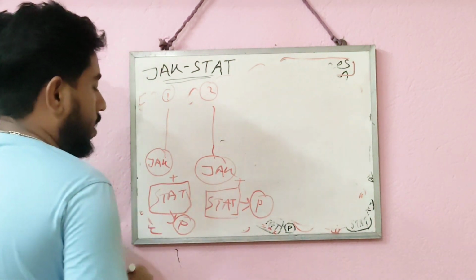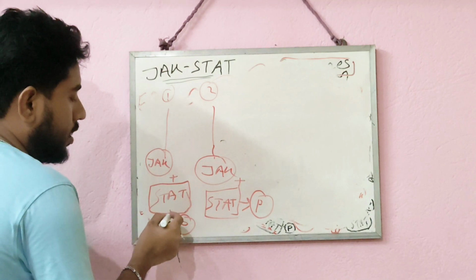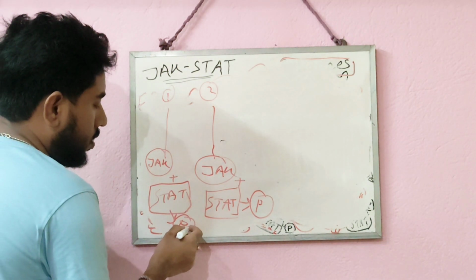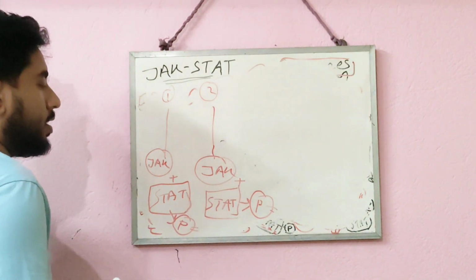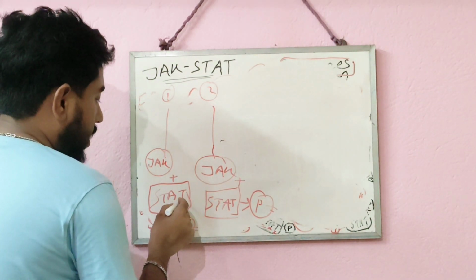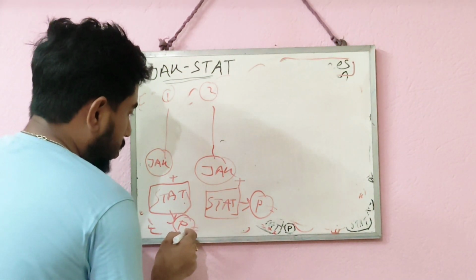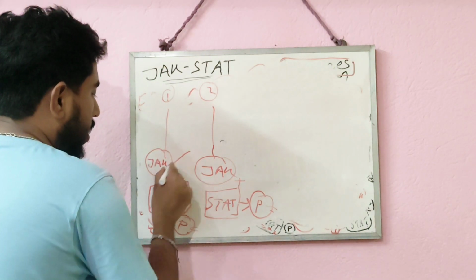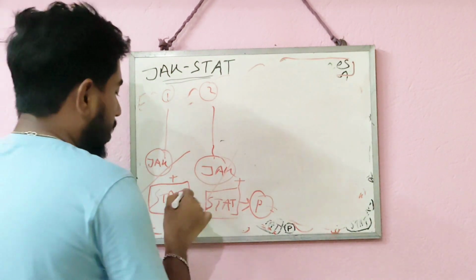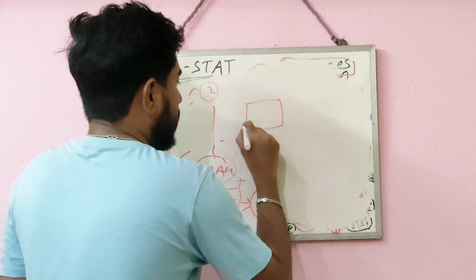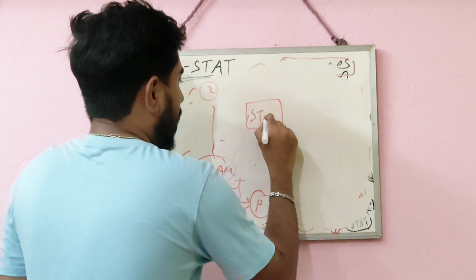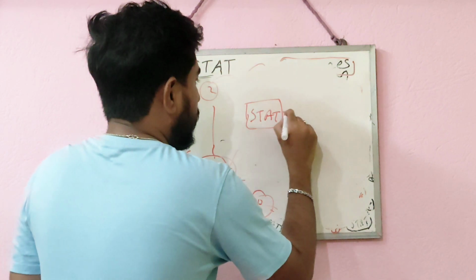When Jak and Stat bind with phosphate, they both get activated. After getting activated, both Stat with phosphate will separate from Jak, and the two Stat that remain will bind with each other.